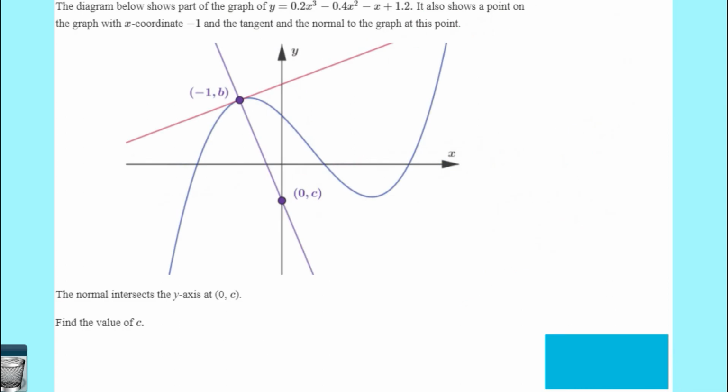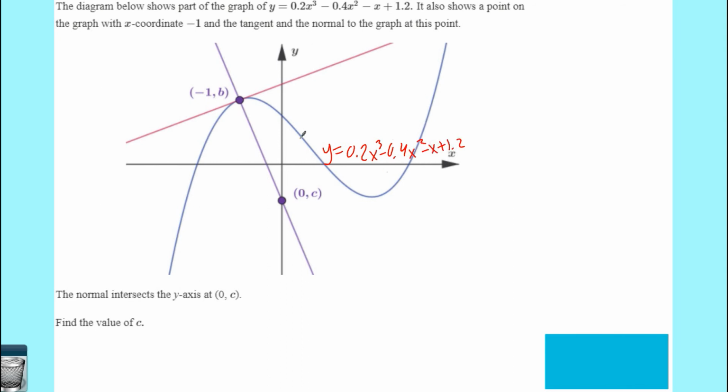So the next one, there you go. Pause it, take a minute to look at it, understand what it's talking about. So I like to label things, okay? So we know this blue line, all right, that is just our y equals 0.2x cubed minus 0.4x squared minus x plus 1.2, right?